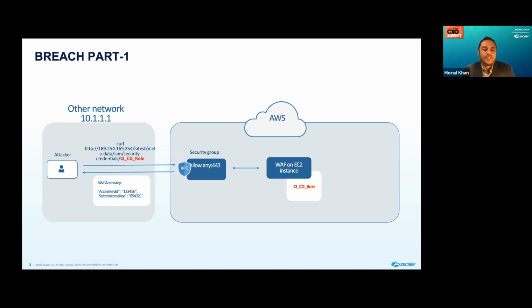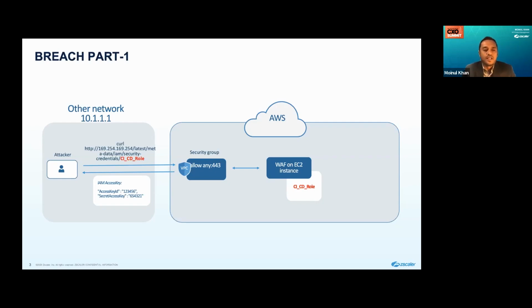When someone is executing a command, you can have IMDS version number 1 and version number 2. The difference is version 1 doesn't challenge the requester and ask for a secret key. Version 2 does. So if you were running IMDS version 2, you are in a better position.